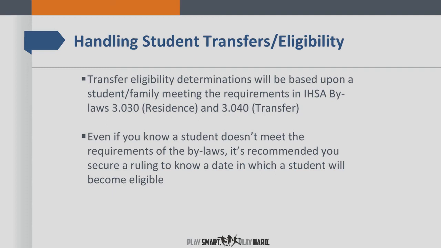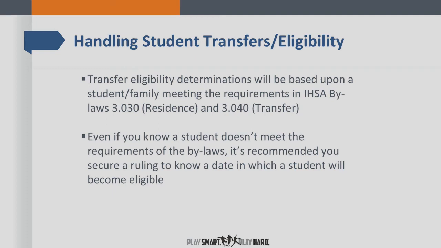So familiarizing yourself with those two bylaws in particular would be helpful when thinking about sending for an eligibility ruling to our office. I would also add, based upon information as an administrator you may know about those two bylaws, you may immediately recognize that a particular student's not going to have eligibility for a particular sports season or over a particular period of time.